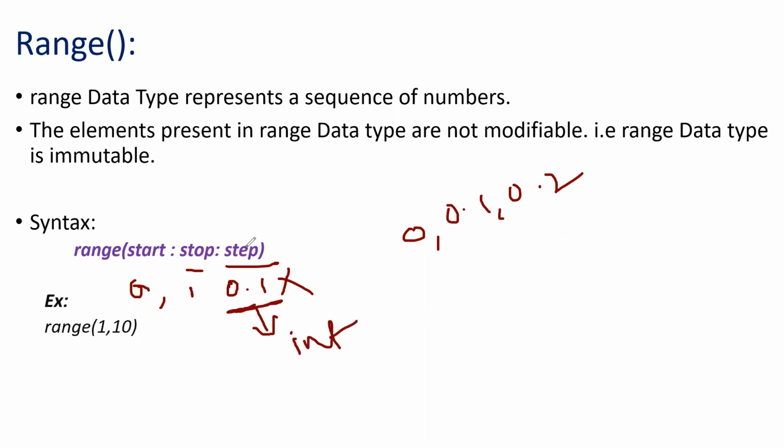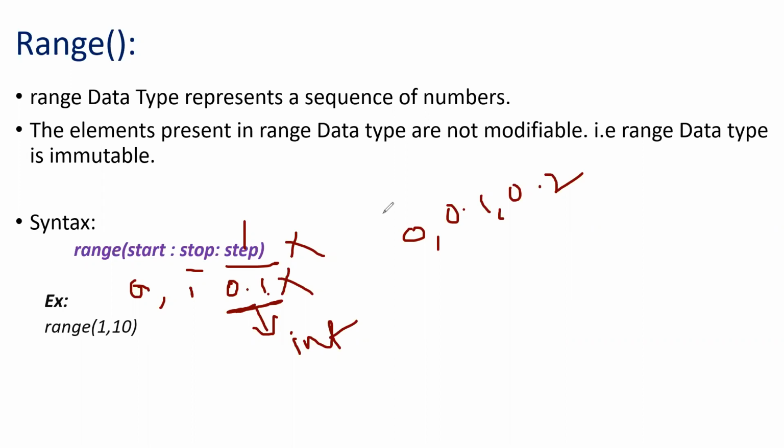If you give a float value like 0.1, it will not show the output. Simply it throws an error. Just keep it in mind, and then automatically we will know how the iteration works. Right? This is about the range data type or the range function.